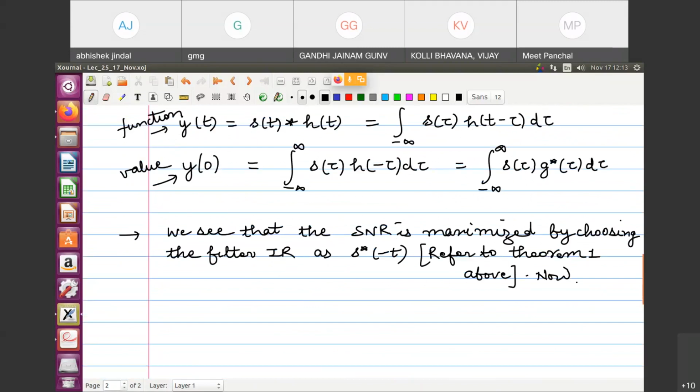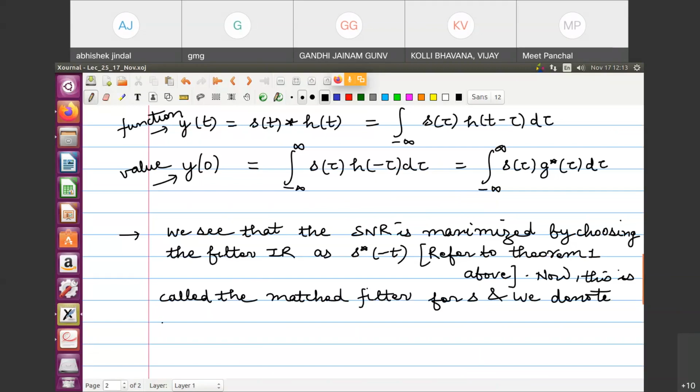So now this is called the matched filter for s. We denote its impulse response, the matched filter for s of t, by s MF of t, and this is nothing but s star of minus t.